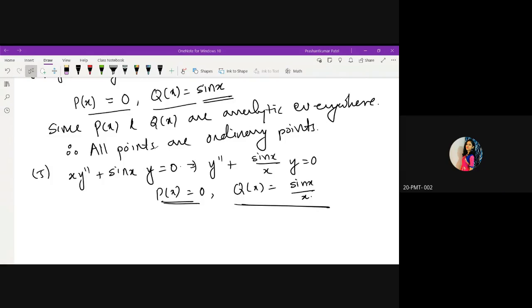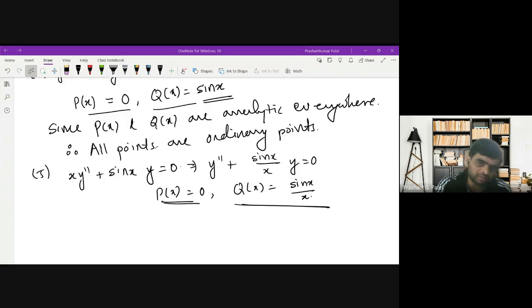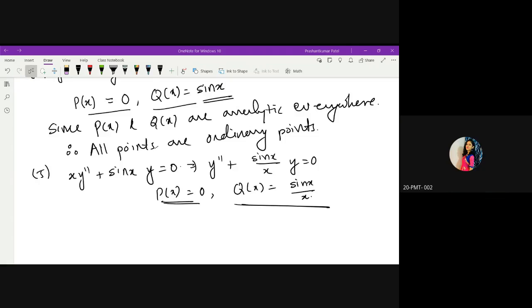Sir, x equal to 0 is a singular point. Anyone else? Sir, moreover, it is a regular singular point.